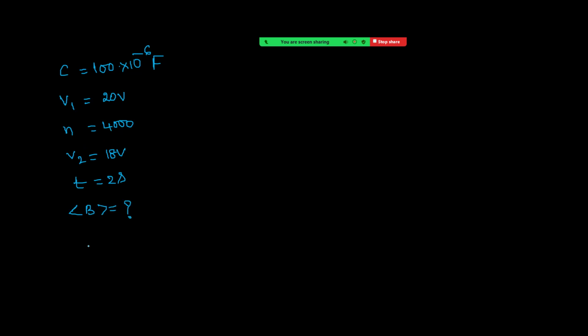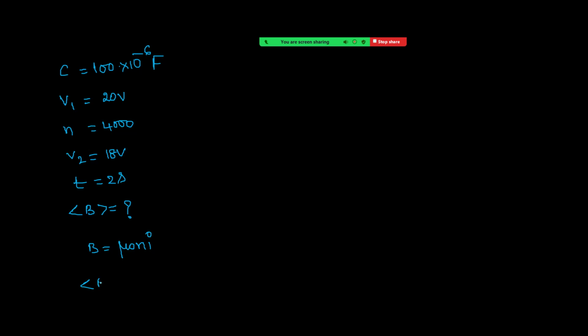We know that the B value is mu naught N i. Mu naught is a constant, N is a constant, but i is not a constant. If you want to find the average B value, we have to find the average current.